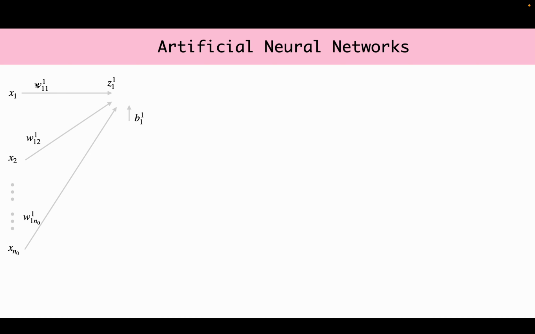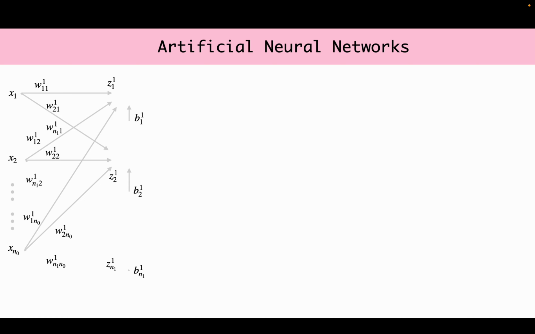The weight's superscript indicates the layer, and the first subscript indicates that it is going to neuron 1, whereas the second subscript indicates that it is coming from input 1. For example, for the second neuron, we will call this W21, which means that 2 indicates that it is going to neuron 2 and 1 indicates that it is coming from the input x1.